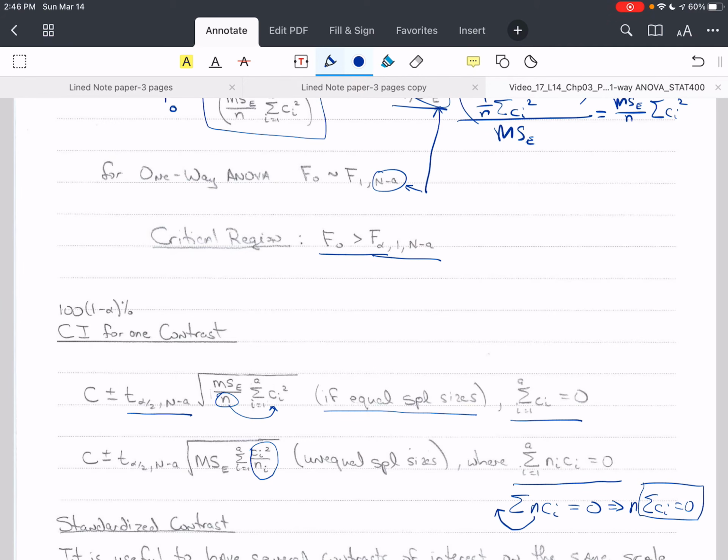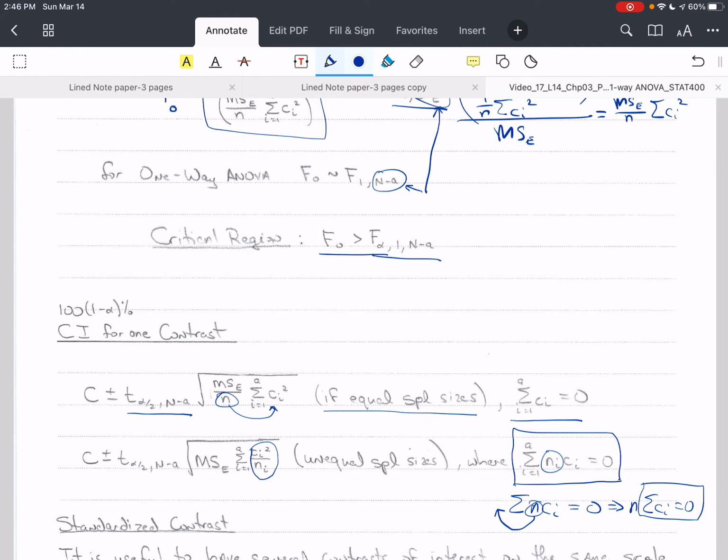Okay? So we have the same requirement for both, but when we have constant or equal sample sizes, then the Ni becomes n, and n can be pulled outside of the summation and becomes unimportant as far as making the sum 0. Okay?